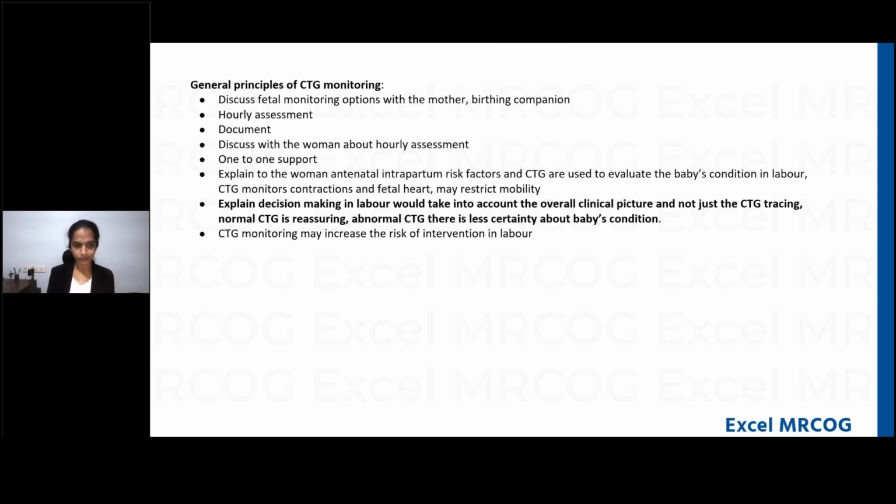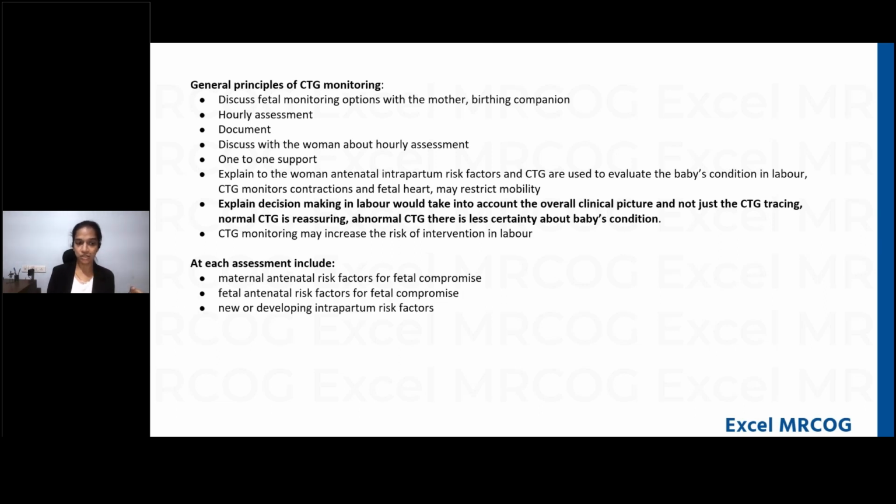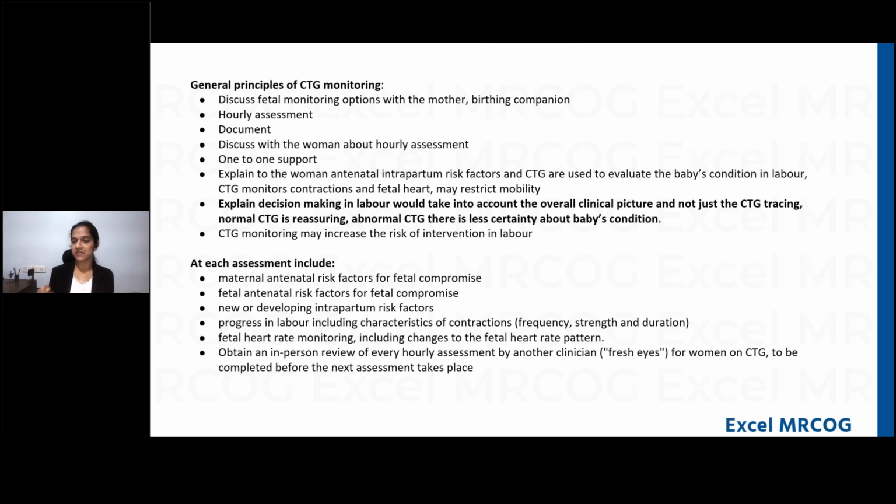Then at each assessment, what are the things that you would see? Maternal risk factors and any evidence of fetal compromise, antenatal risk factors for fetal compromise, new or developing intrapartum risk factors, progress in labor including the characteristics of contractions, and fetal heart rate monitoring. And obtain an in-person review of the early assessment by another clinician.